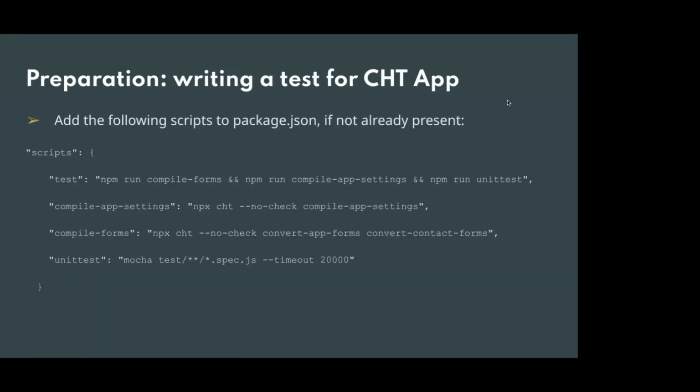After that, once you've got these dependencies installed, we can begin to add some script commands right away into your package.json so that you won't have to write these instructions each time you want to test all the forms and all the tags and all of the different components that you have in your CHT application. So this is a very good shortcut that you can use whenever you want, even in different CI/CD steps and other stuff.